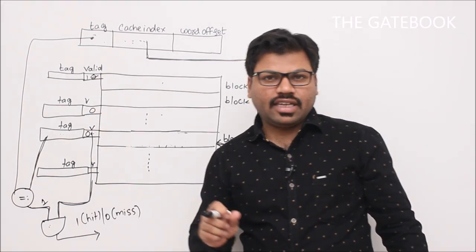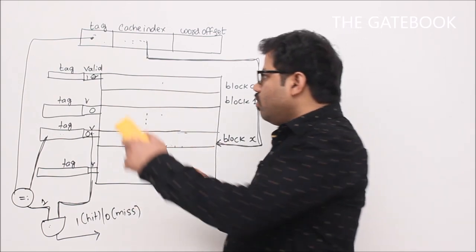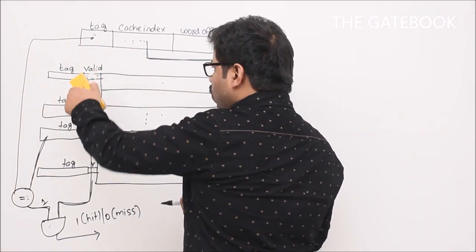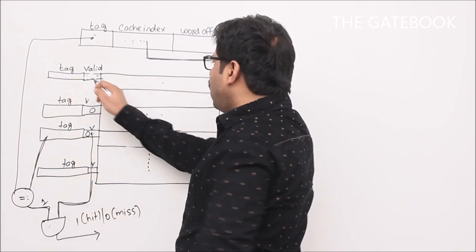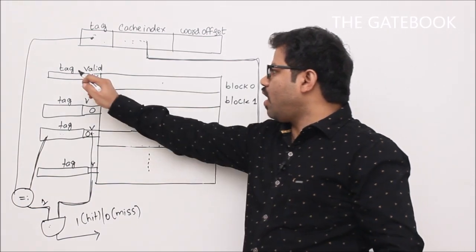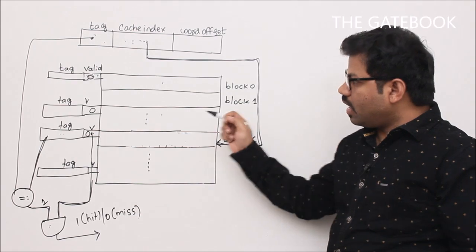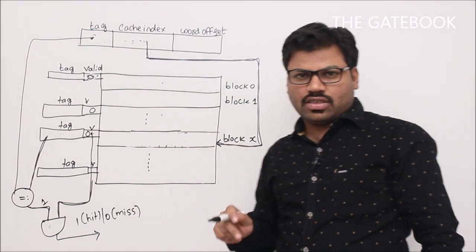So the valid bit says whether the existing data is valid or not. It may be confusing: sir, whenever data is available, the valid bit is automatically 1, and if no data is available, the valid bit is 0, right? Yes, that's it. But what is the purpose of the valid bit? There are two reasons.